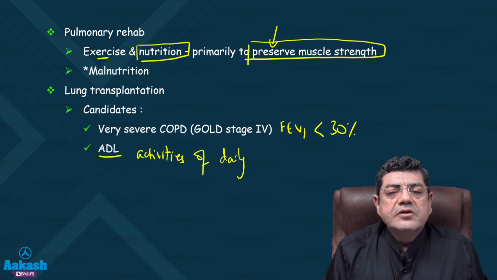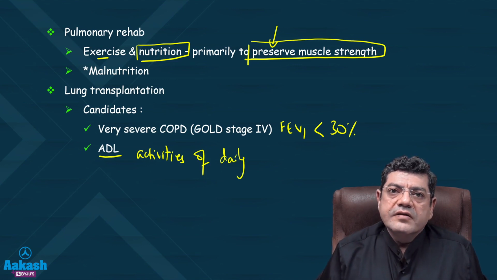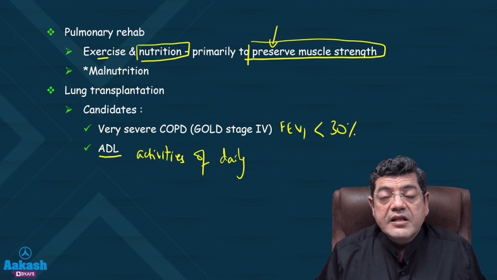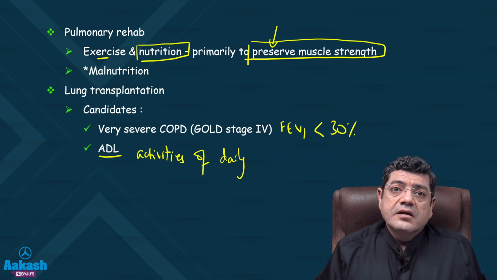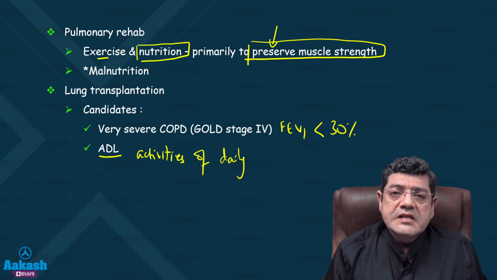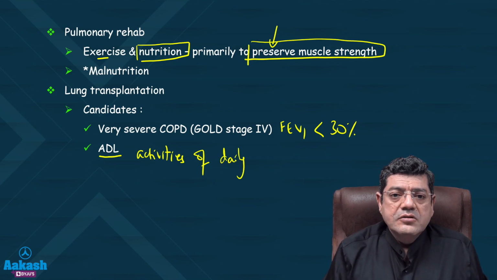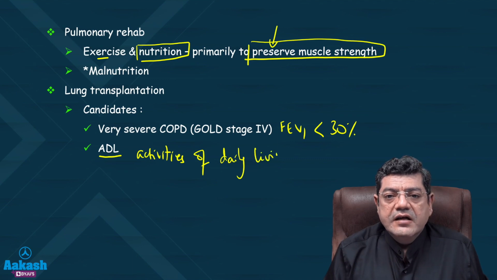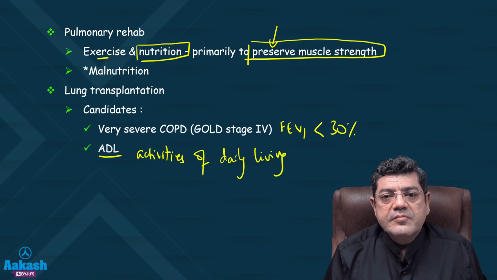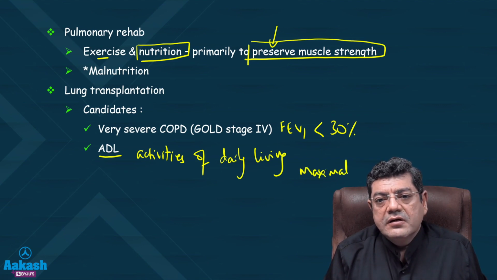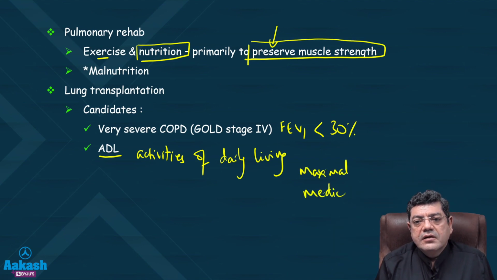So they are unable to look after themselves, they are so breathless that they are unable to bathe without assistance, they are unable to dress without assistance, they cannot leave the house, right? They are so breathless. So activities of daily living are impacted despite maximal medical therapy.